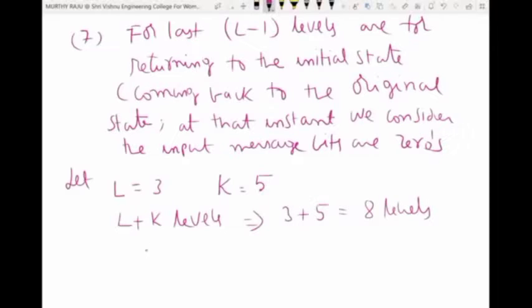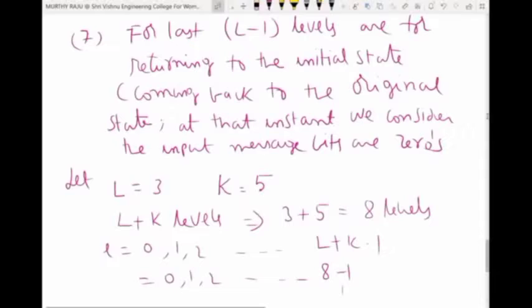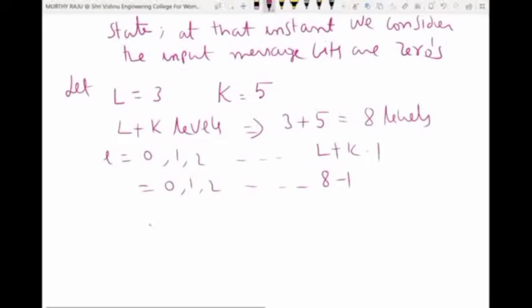The levels are labeled as l equal to 0, 1, 2 up to L plus K minus 1, that is 8 minus 1, which is 7. The levels are represented as 0, 1, 2, 3, 4, 5, 6, 7. These are the levels of the structure.